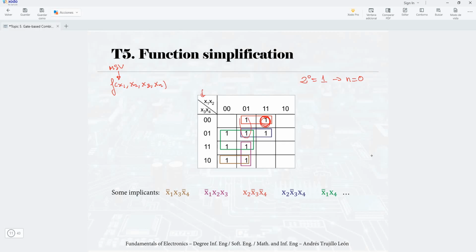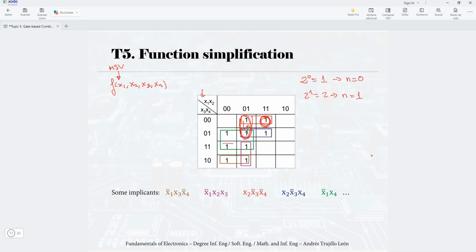Is this an allowed group of ones? Yes, it's a rectangle. We have 2 cells that are adjacent with another cell. This one is adjacent with the cell below, and this one is adjacent with the cell upwards.